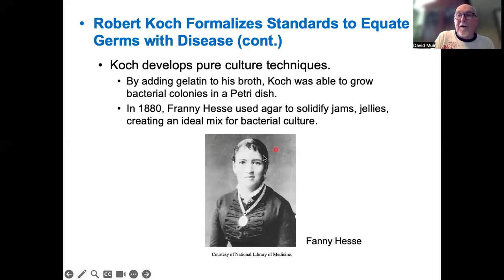But here's an early contribution from an American. And this is Fanny Hess. She didn't work in the lab. Her husband worked in Robert Koch's lab in Germany. And Fanny Hess was a good 19th century housewife. She made all her own jams and jellies and everything else. And she used a particular solidifying agent, which is called agar.